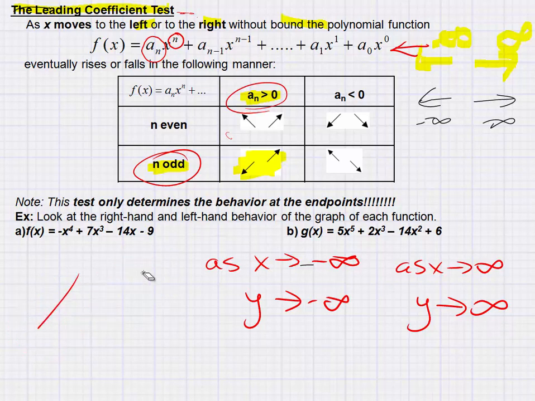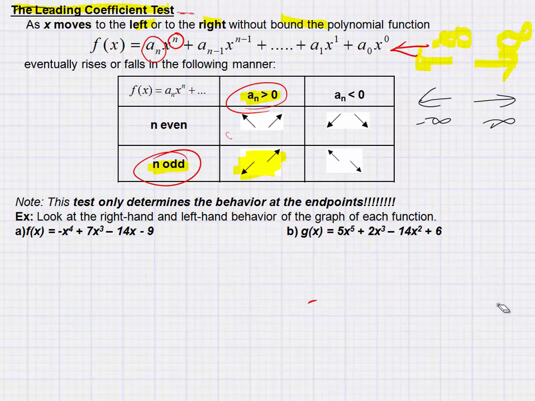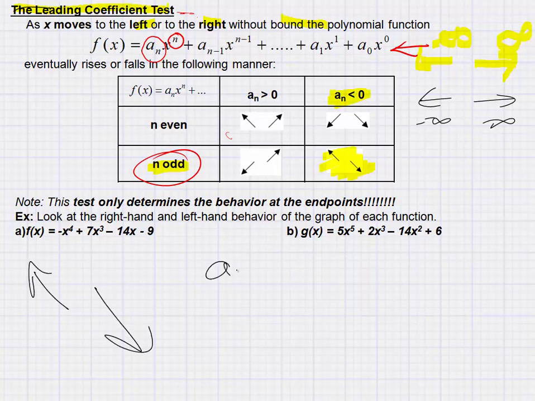Last one, if my power, my degree, is odd, but my coefficient is negative, I'll have this shape to the ends of my graph, which means on the left I point up and on the right I point down. So on the left, as x goes to negative infinity, I'm pointing up, so y is going to positive infinity.